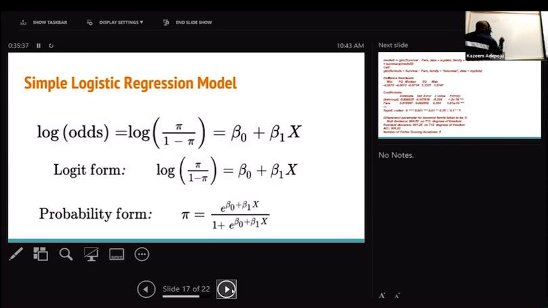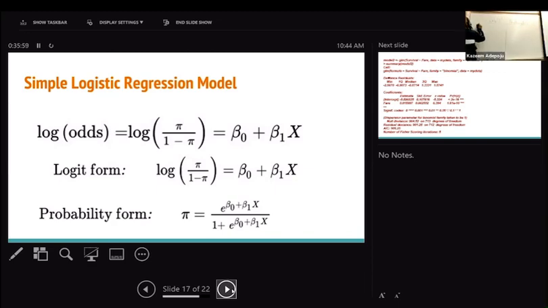Some of you may want to know what is the difference between odds and probability. Let me tell you this. When you are talking about a categorical outcome, the odds will tell you the chances in favor of an event to the chances against the event. I'm going to say that again.